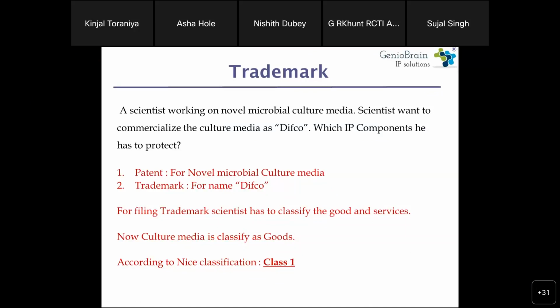So what IP components does he have to protect? First of all, he has to protect the patent for the microbial culture media. Am I right? Yes. Second is a trademark for DIFCO. Now, how could he do it? Why am I discussing this? Because an entrepreneur or a scientist should know whether their trademark is distinguished or not.